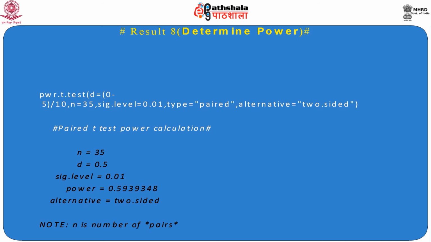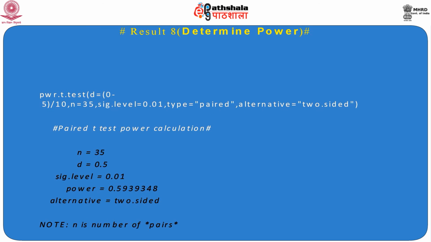Again type equals to paired has been considered, and alternative equal to 2 dot sided. Based on that we are getting our power as 59.3%, that is 0.5939348. So it is quite low, so generally it is not accepted in sample size calculations.